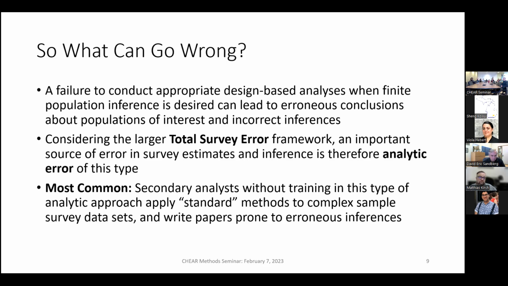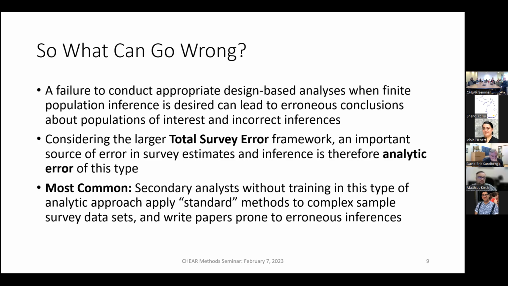So even if everything goes right with the data collection, you do the sample design, you adjust for non-response, you process the data correctly, everything's great about the data until it gets in the hand of the analyst, and the analyst screws up the analysis, all that investment to make sure that you have high quality survey data could go right out the door. And so recent years have said, as part of the total survey error framework, we need to think about the role that analytic error plays in producing erroneous survey estimates.